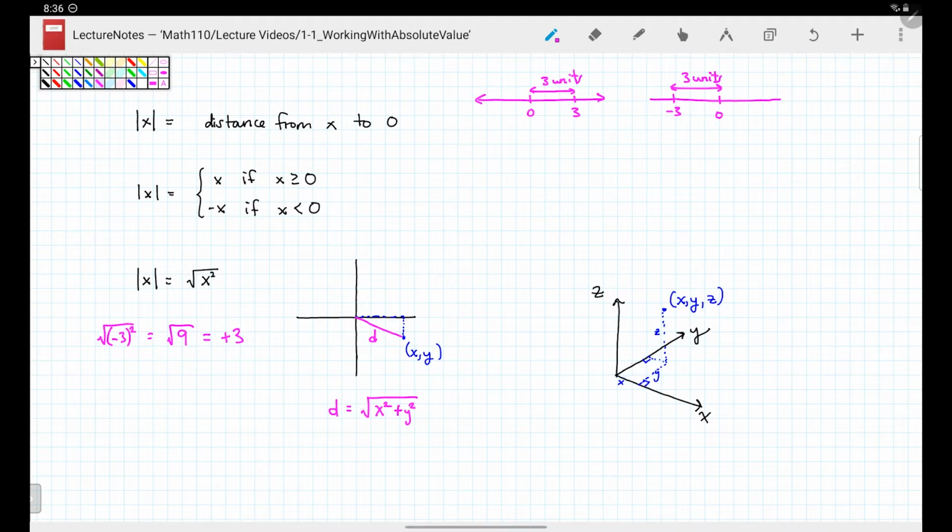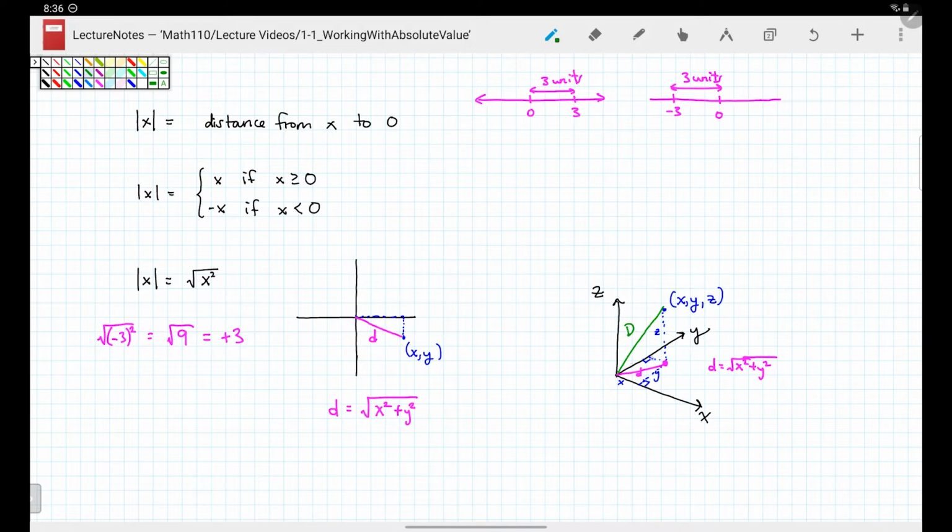And so you can see that the distance in the 2D space is going to be d, where d is the square root of x squared plus y squared. And then the distance from the origin to the point x, y, z, let me give it a different color. So this distance here, I'll call it a capital D.